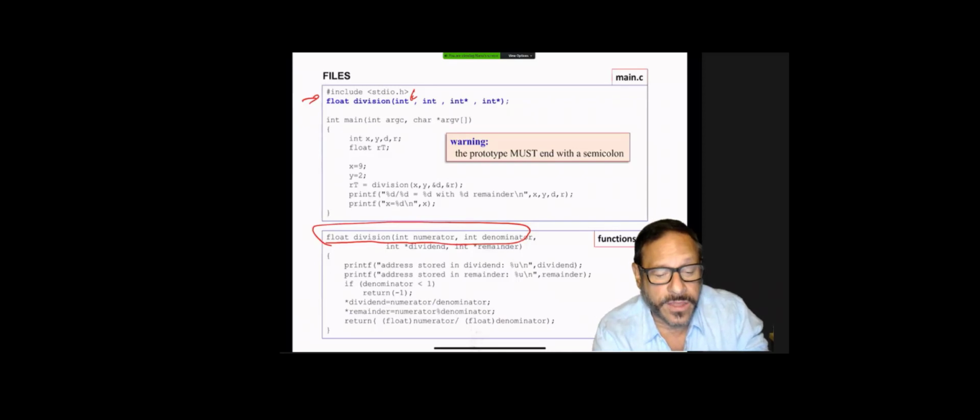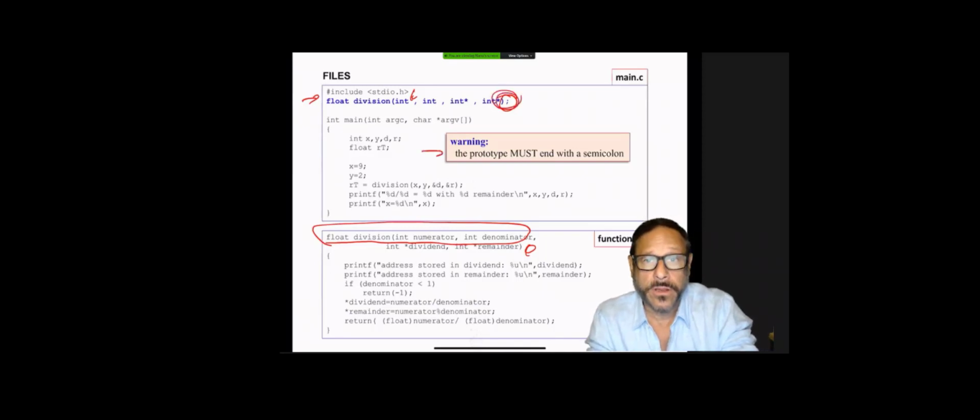But the other thing, which is mandatory, is that on the prototype you must finish with a semicolon. You notice here, when you've got your function definitions, there is no semicolon. But when you prototype, the prototype must have the semicolon. Otherwise, again, your program won't compile.